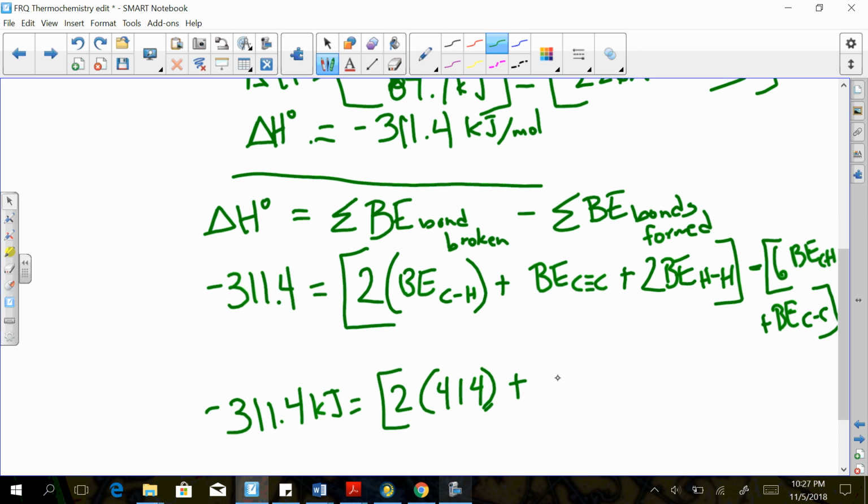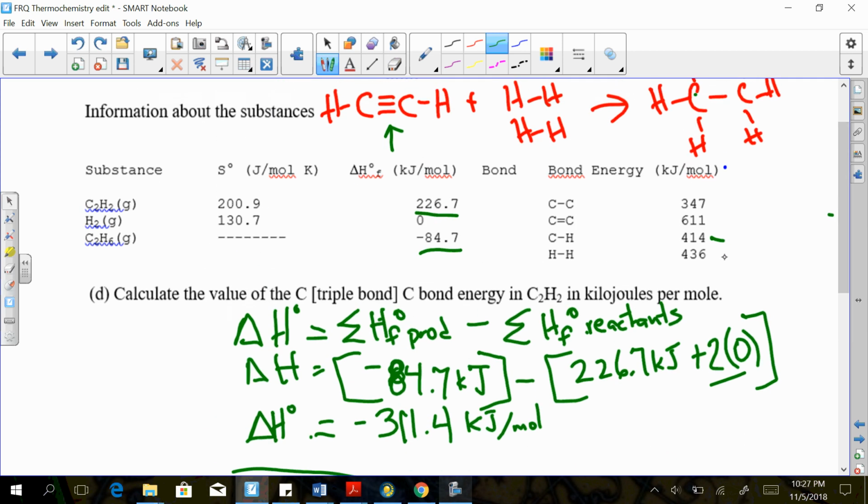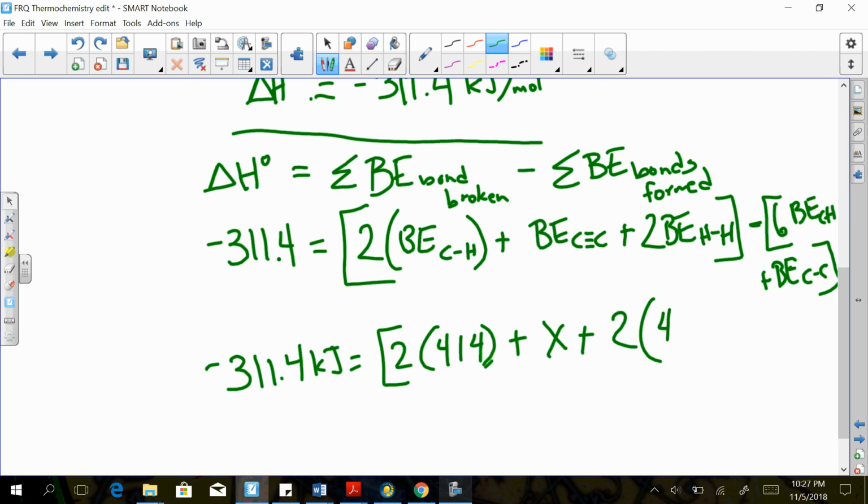Now that's my unknown. That's my X, the thing that I don't know. So I'm going to put an X there. The next one is 2 times the bond energy in a hydrogen-hydrogen bond. And so coming up here, there's our hydrogen-hydrogen bond, and we have 436.